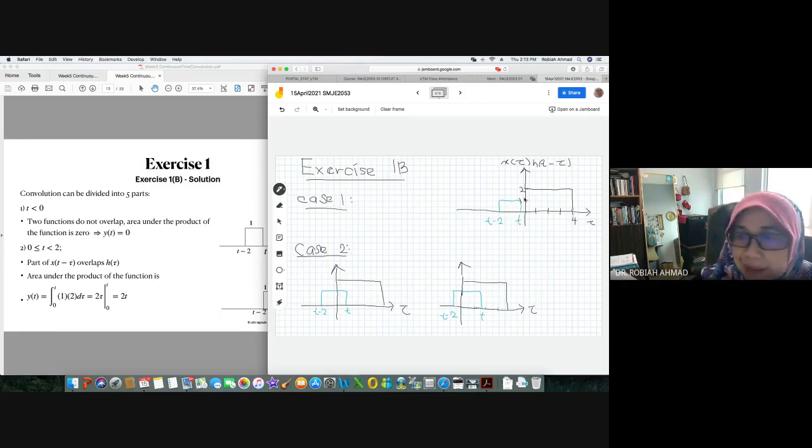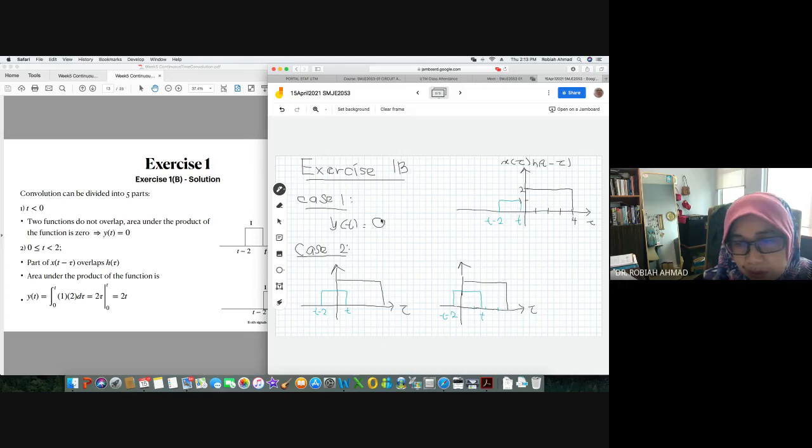Okay, so when they do not overlap, because the value for y is convolve, kita multiply, basically integral and multiply. So bila sini ada signal, but the signal for the other one, the bigger one, tak ada, 0. So anything times 0 will be 0.